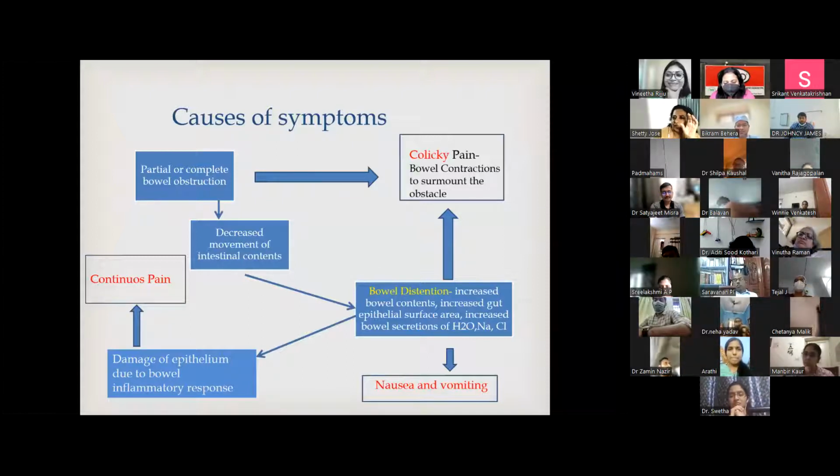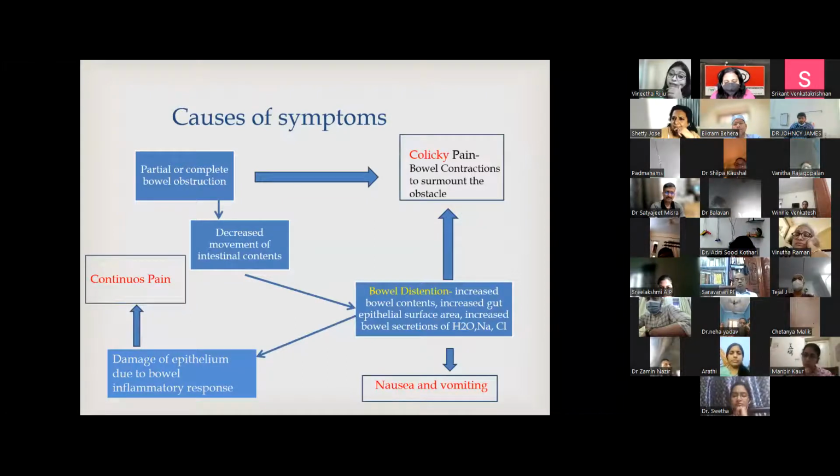Air fluid level, yes. We are seeing multiple air fluid levels. And we are also seeing dilated bowel loops. Yes, thank you. And anything else? Okay, these are the most classical findings.